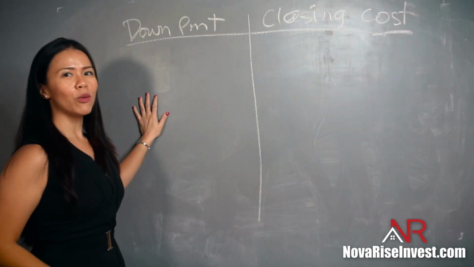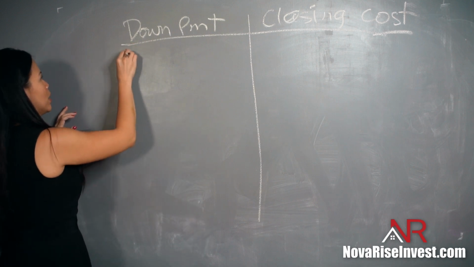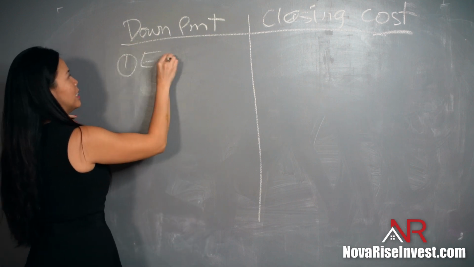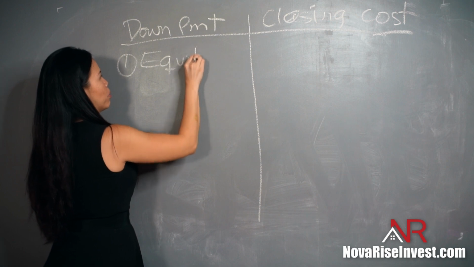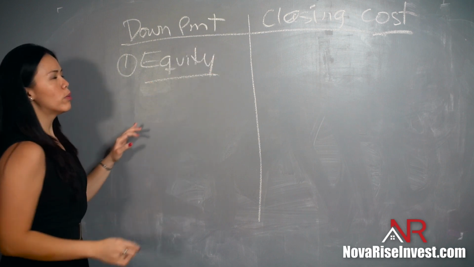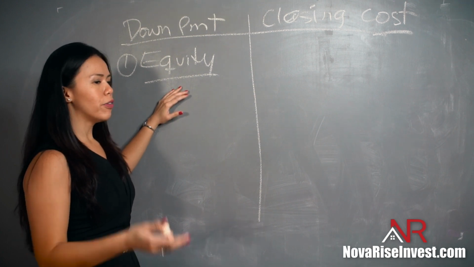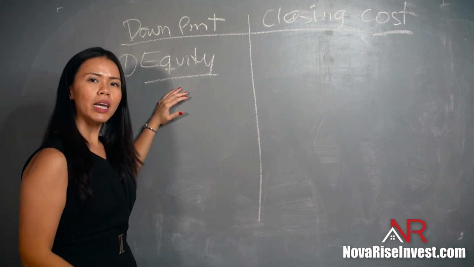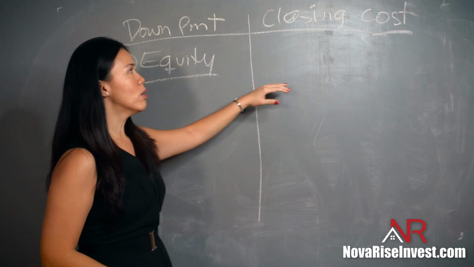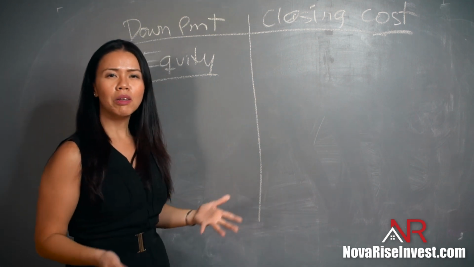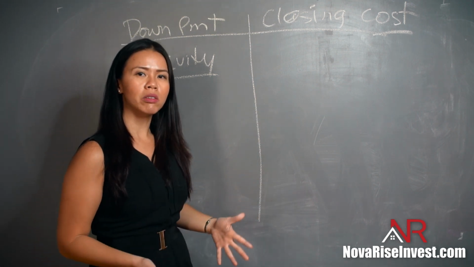So the first thing I wanted to highlight is that the down payment contributes towards the equity of your property. So whatever you use as a down payment, it's part of the pricing that you're going to pay for the property itself. Meanwhile, the closing costs are just simply fees that you have to pay for someone else's service.